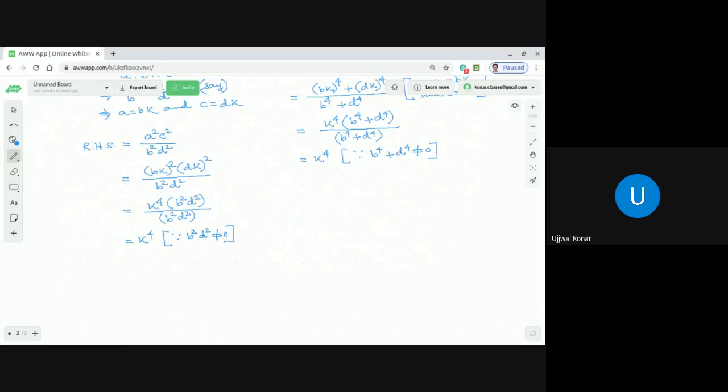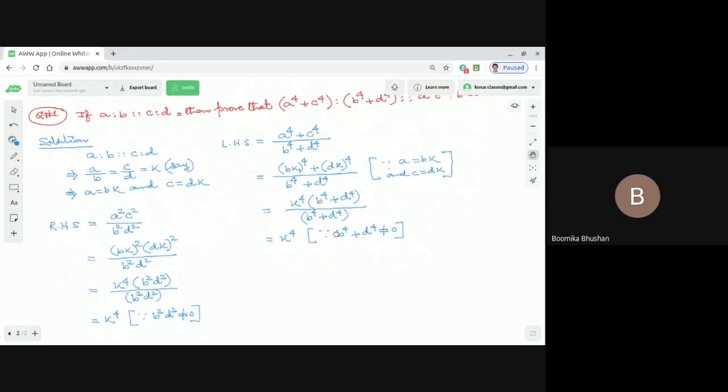So we get both left hand side and right hand side are equal to K to the power 4. So what we can conclude? From these two, what we get from the right hand side and from the left hand side, we can conclude that A to the power 4 plus C to the power 4 is to B to the power 4 plus D to the power 4 is equal to A square C square is to B square D square.